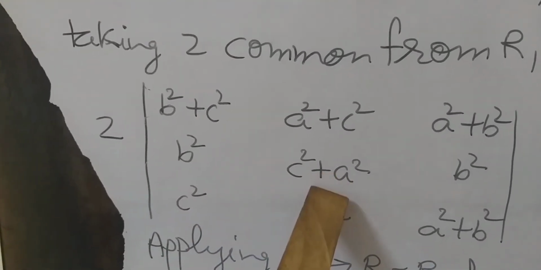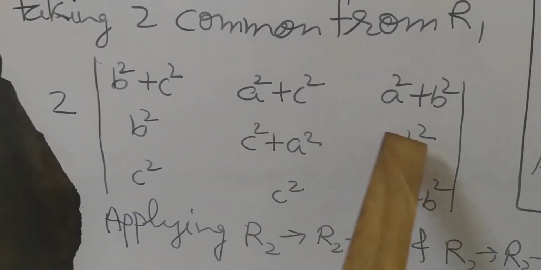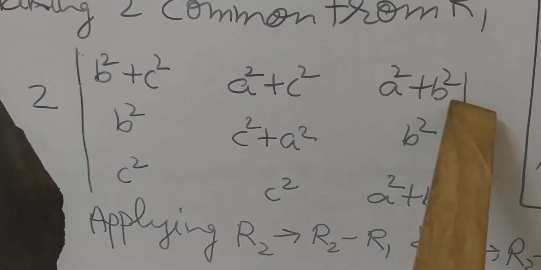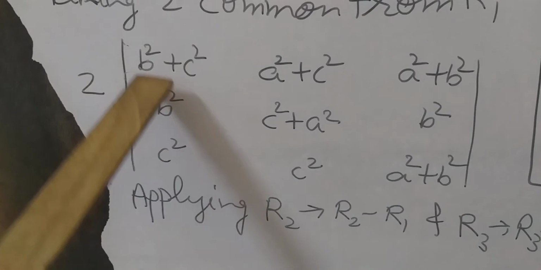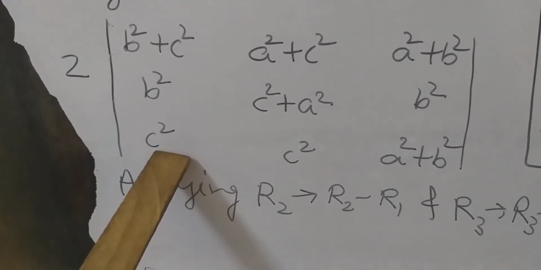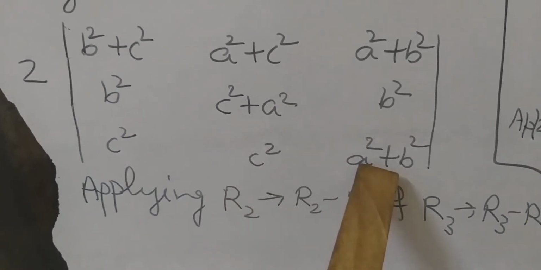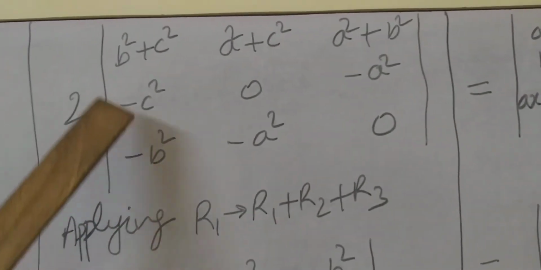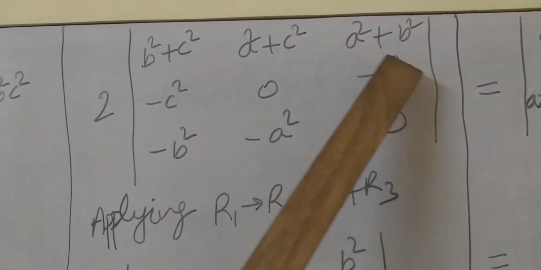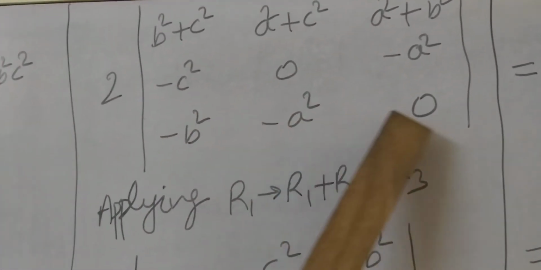Similarly here, C square, both cancel, 0. B square minus A square minus B square, so minus A square is left. Similarly C square minus B square minus A square, minus B square left. C square minus A square minus C square, minus A square left. Both are the same here, students. So what is left here? 0. That's why I have written here B square plus C square, A square plus C square, A square plus B square; minus C square, 0, minus A square; minus B square, minus A square, 0.